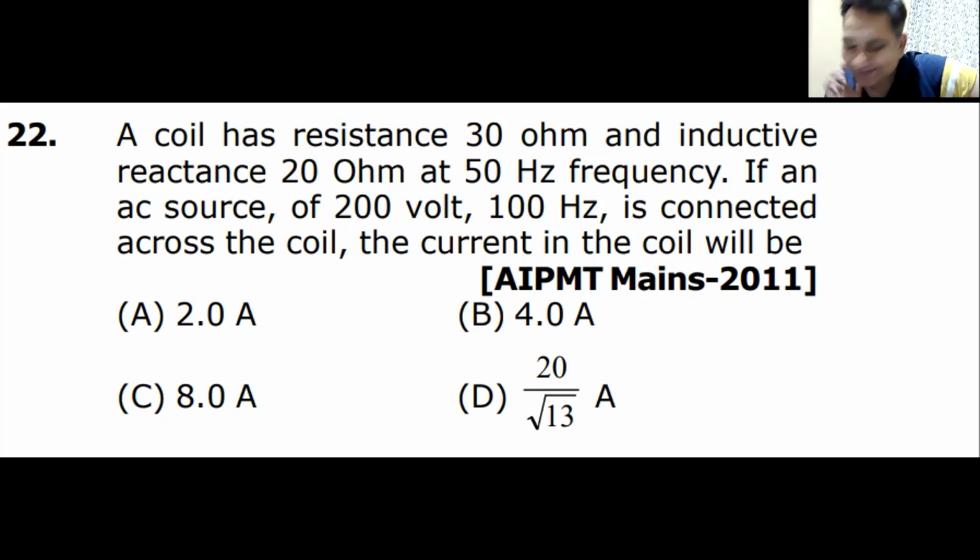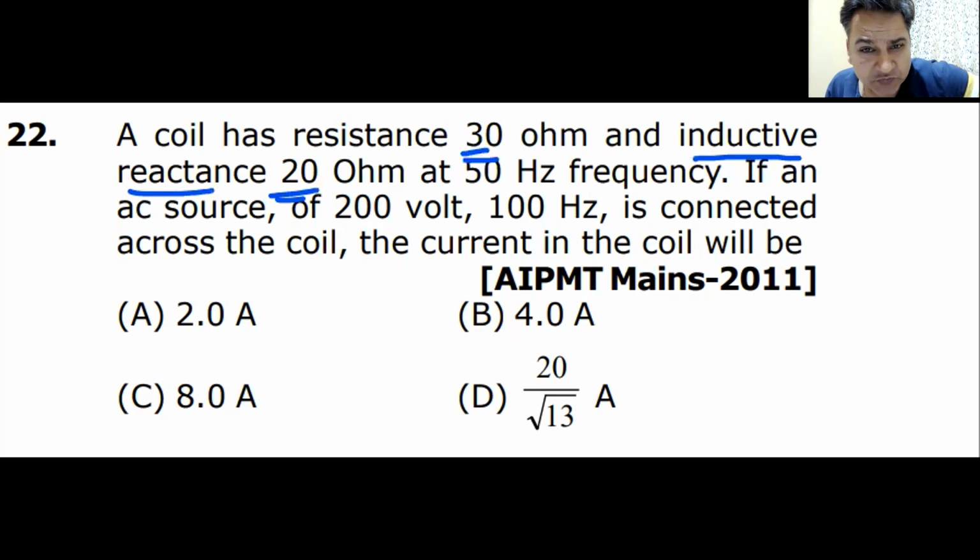So how do we do this? Well, we go on as always. I have to find the value of XL, the inductive reactance. The value of XL is given as 20. The value of R is given as 30.